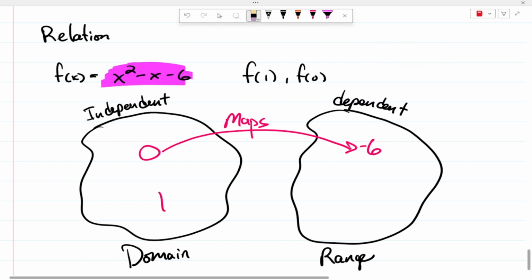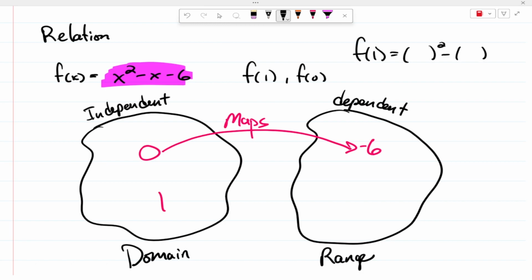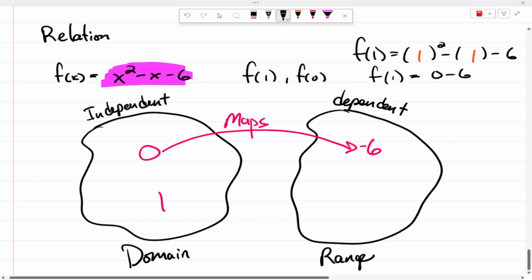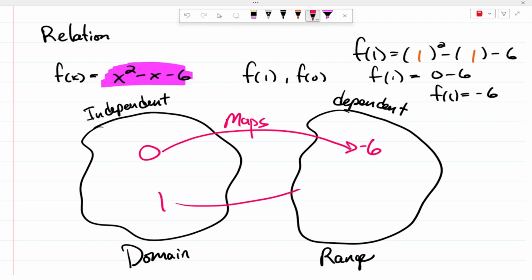F of 1, well, that's just going to be, put my parentheses in first, then make my substitution. So we get 1 to the second, which is 1, minus 1 is 0. So we get 0 minus 6, or f of 1 equals negative 6. So that goes over to there.